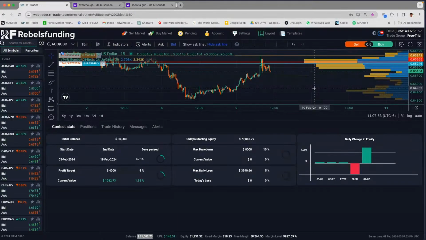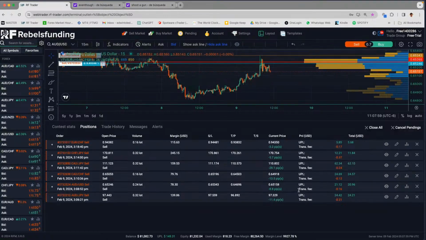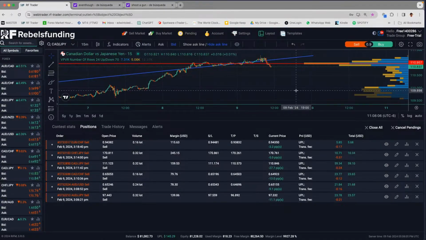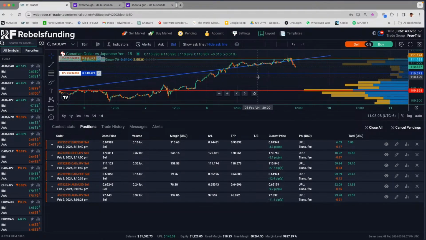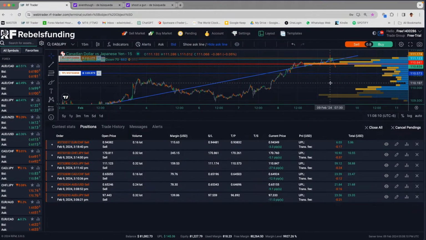Is it a nice moment to just protect everything to break even, so that the bag is secured? Look at Cat Gen. It's right at the moment where we just come back.